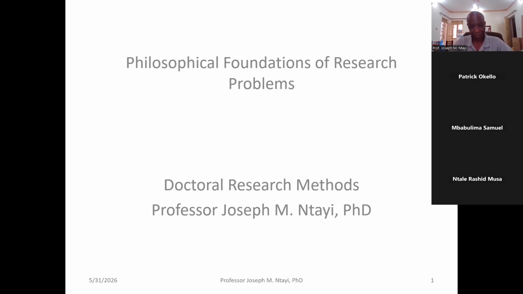So that's why I thought we should have a scholarly approach to writing the statement of the problem, right? So I start with the philosophical foundations of the research problem.